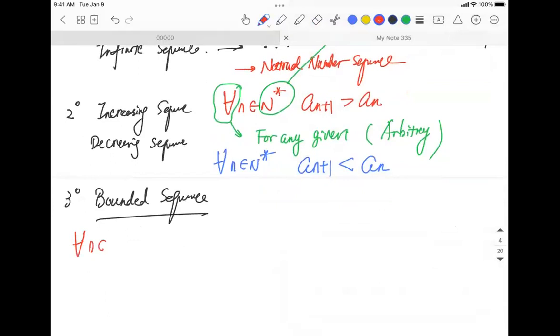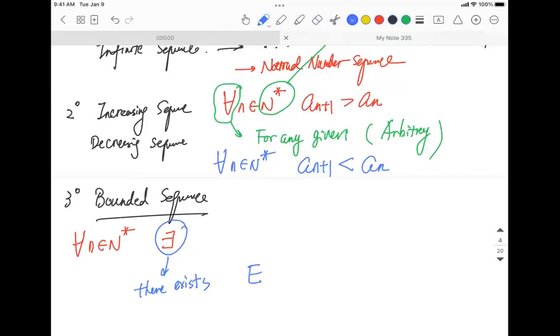For any given n belonging to n star, the natural numbers, there exists, and this is another symbol I want to tell you, meaning "there exists." It comes from the word exist. Because E upside down is still E, this time I flip it left to right.